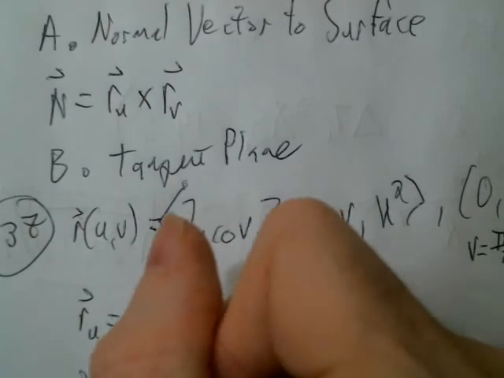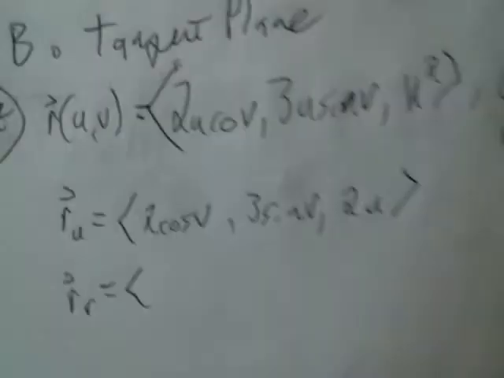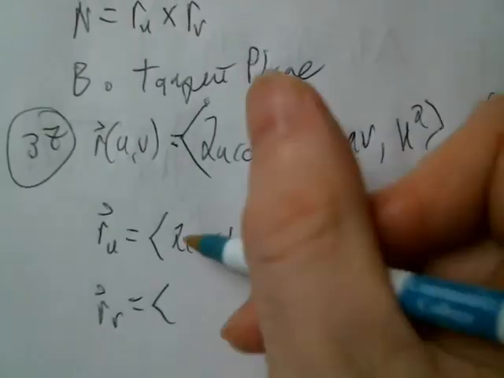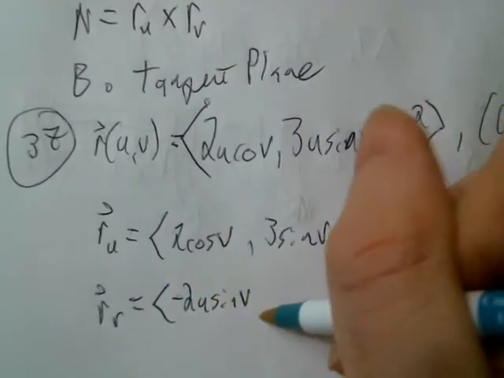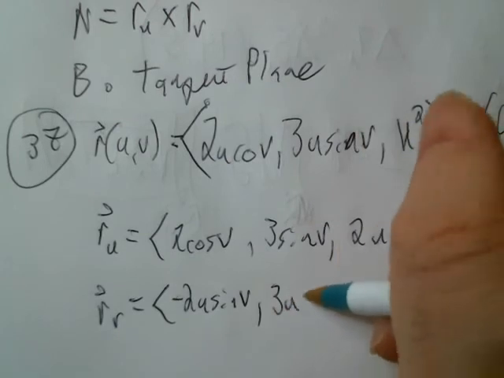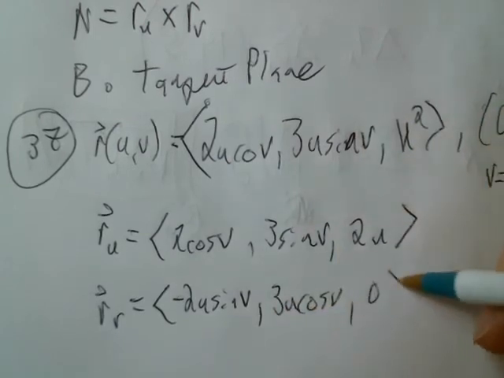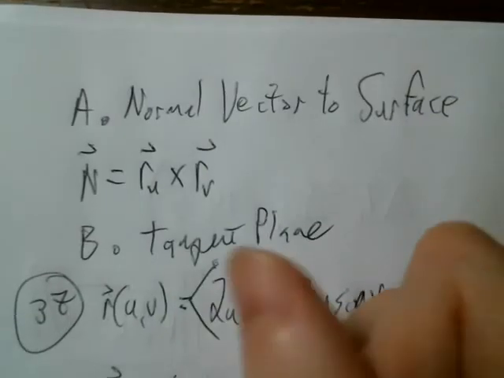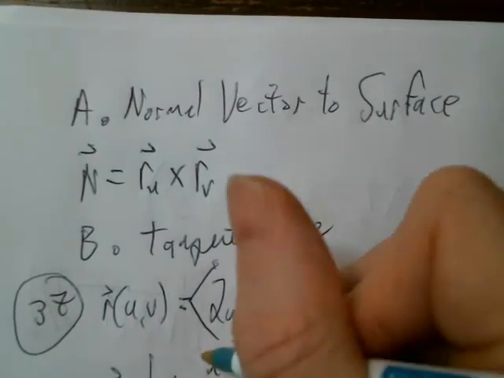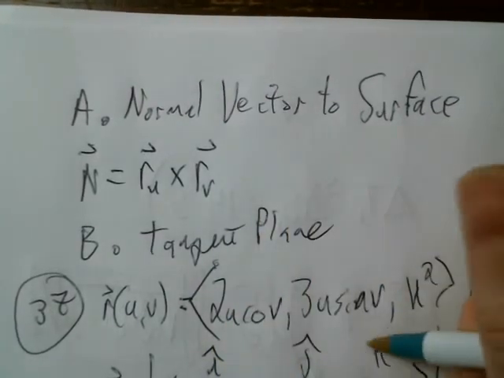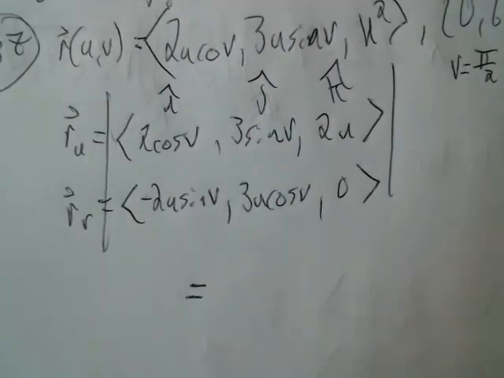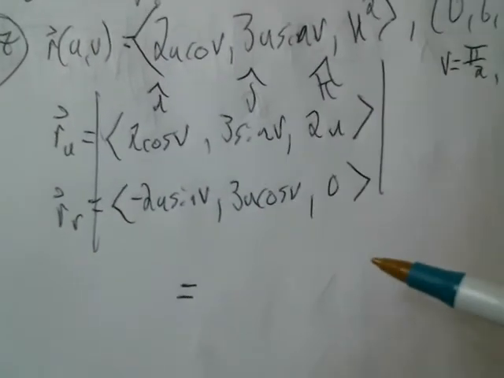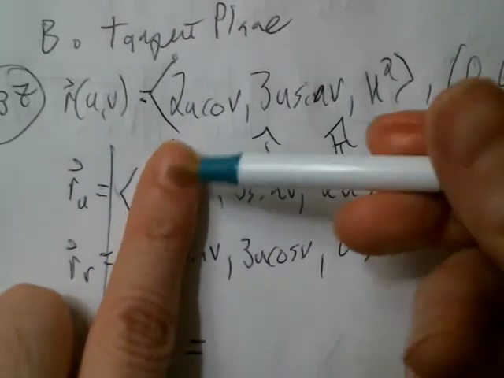And then r with respect to v is going to be negative 2u sine v, then 3u cosine v, and then 0. And then I need the cross product, so I'm just going to cheat a little bit here and go ijk. And so this will give me my normal vector I need for the plane.